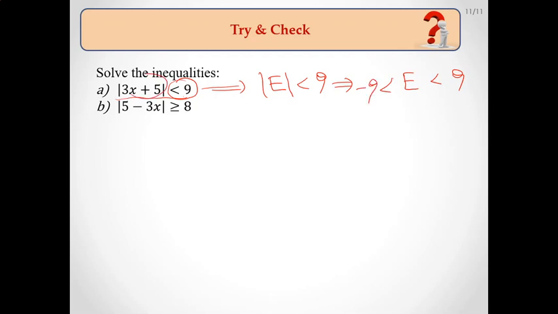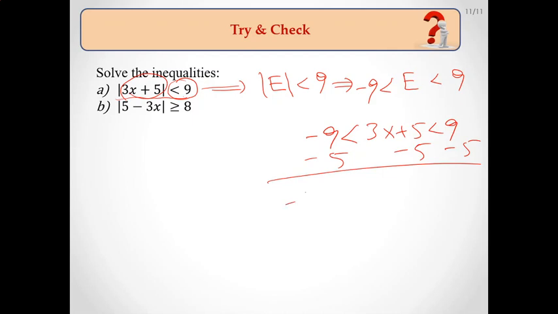So for E, we have to write 3x plus 5, and then subtract 5 from all sides. And divide all sides by 3, and no change in the direction.